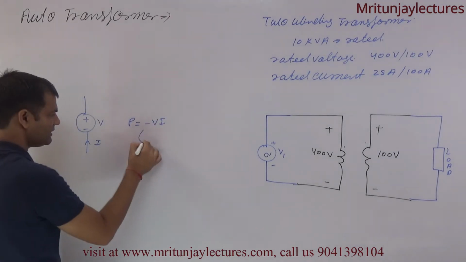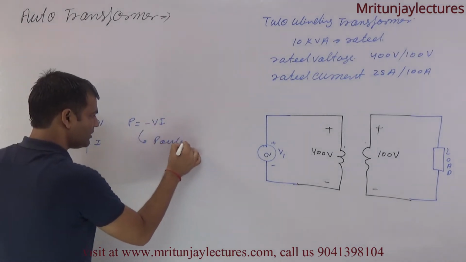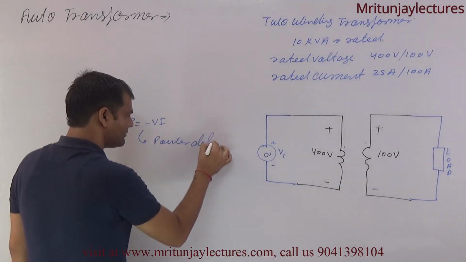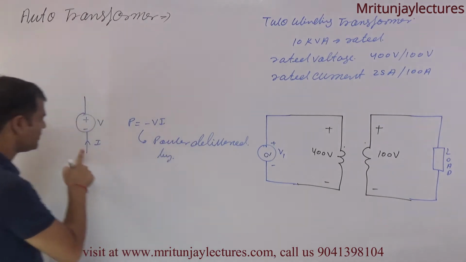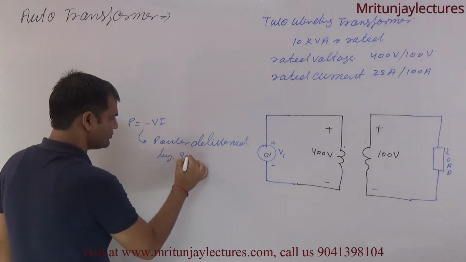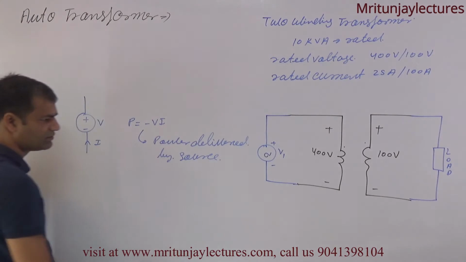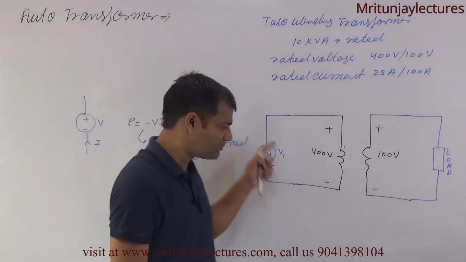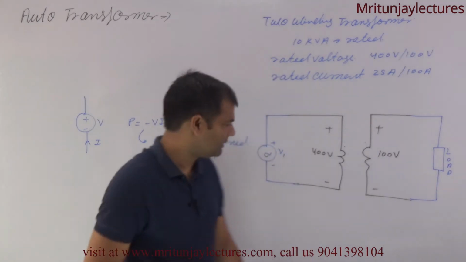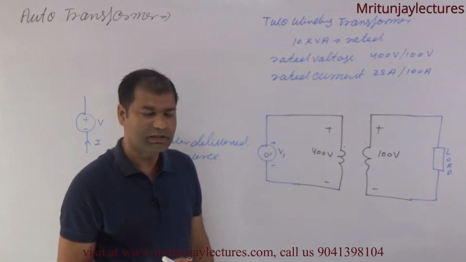It means you can say that power is delivered by source. If that is a load, I know that if current is passing through minus terminal to plus terminal, it means that is power delivered.